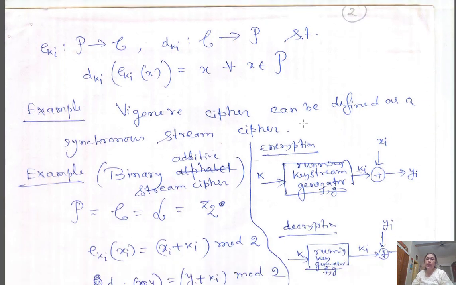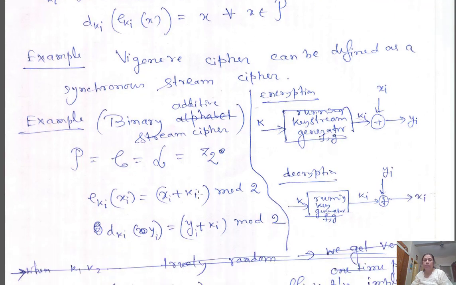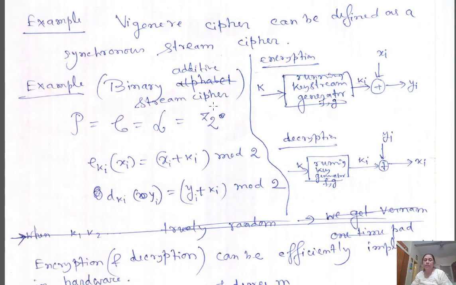The Vigenere cipher, we have already seen, can be defined as a synchronous stream cipher, where the keyword is used repeatedly. We have already discussed this, I am not going to discuss this again. And binary additive stream cipher: we have plain text space, ciphertext space, and key stream alphabet.